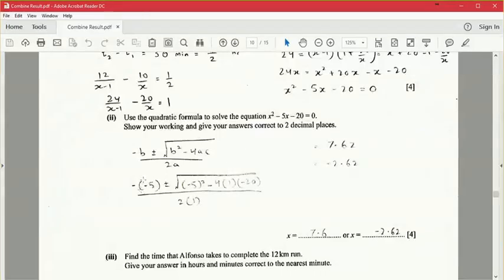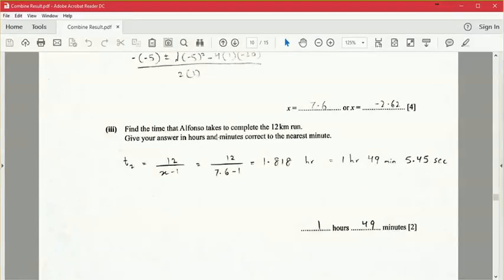And remember to put it here in brackets and put the negative sign first, so negative and negative will be positive. And solving the equation will give us x equals 7.62 and negative 2.62, and we'll write it here.